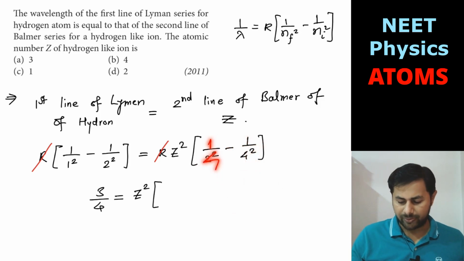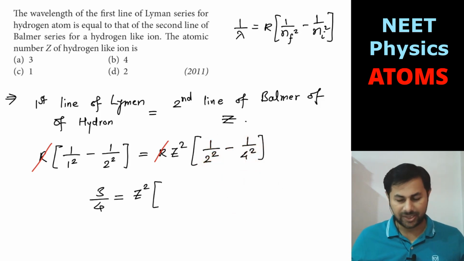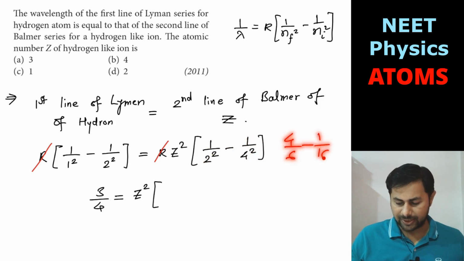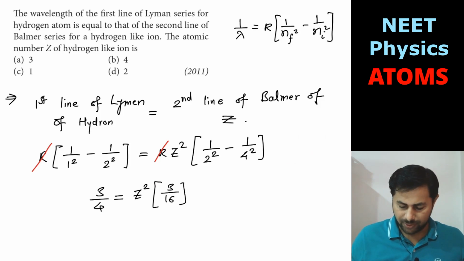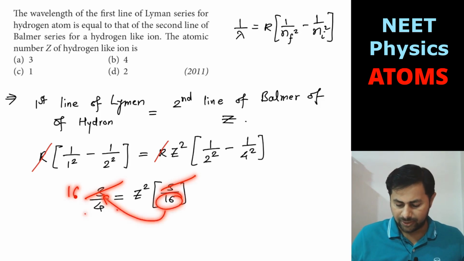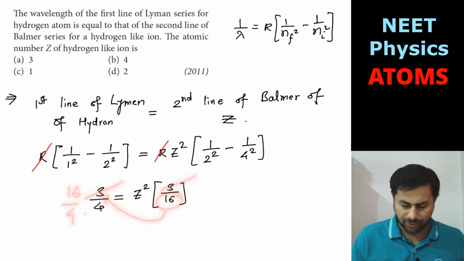4 by 16 minus 1 by 16 is 3 by 16. So Z square times 3 by 16. Again 3 gets cancelled out, and we can take this 16 on this side. 16 by 4 gives us 4.